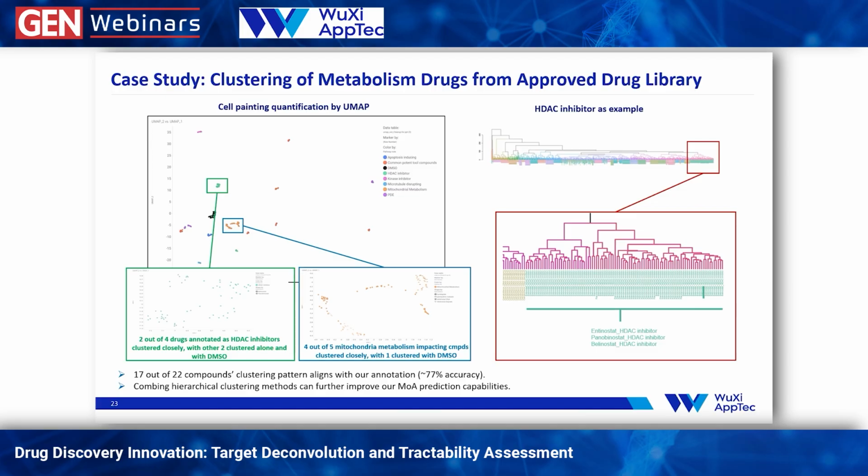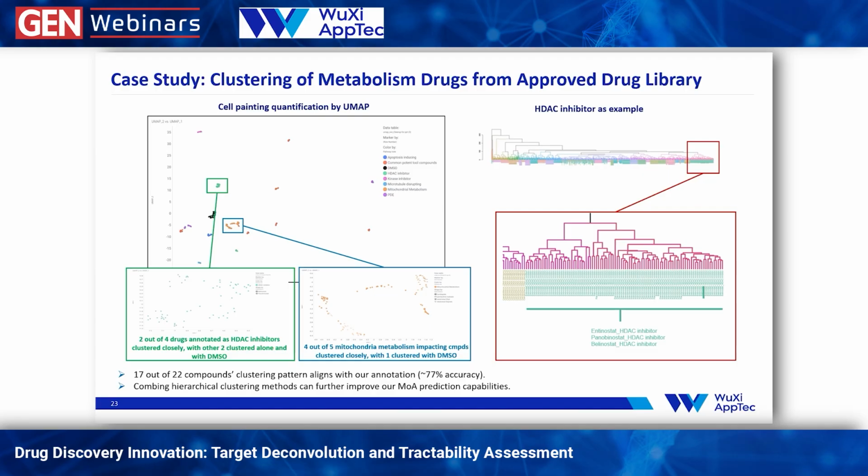Interestingly, for the HDAC inhibitors, 2 out of 4 actually clustered together. We see the same thing for other drug classes, for example PDE drugs also clustered together, and drugs known to have a mitochondrial effect also clustered together.